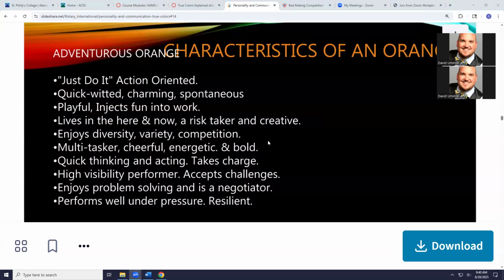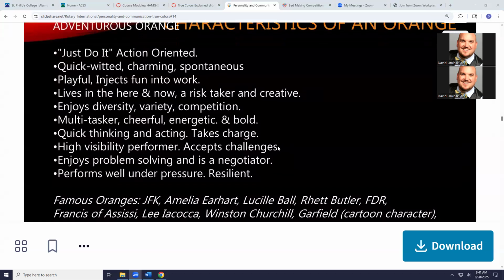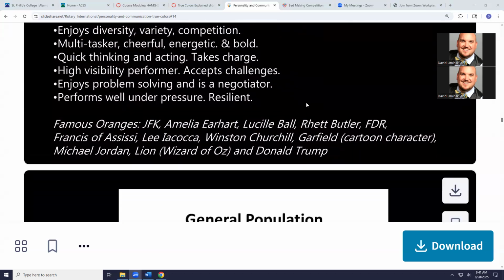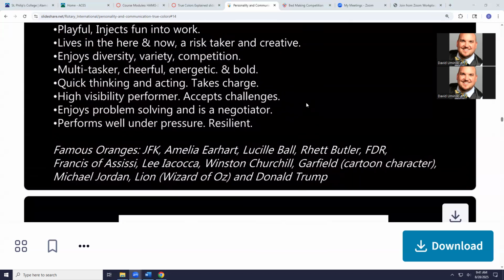So we change that kind of stuff. So oranges definitely like to perform under pressure. So famous oranges: JFK, Amelia Earhart, Lucille Ball, Winston Churchill, and then the lion from The Wizard of Oz. Okay, so a lot of oranges. We are the ones who shake things up.